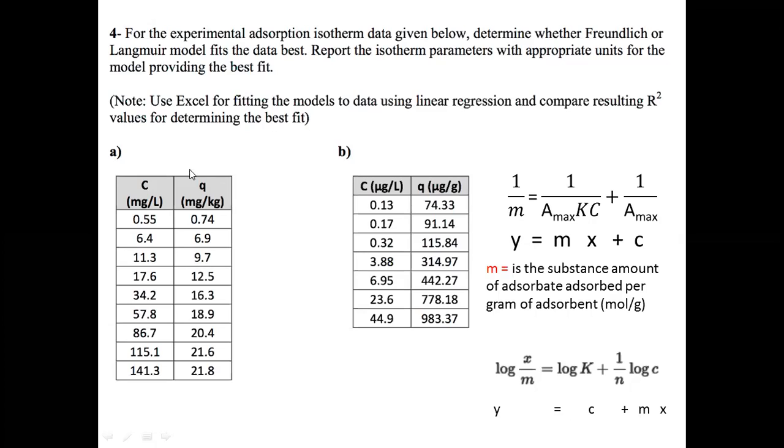So again, this is x over m in the case of the Freundlich adsorption isotherm, and in the case of the Langmuir, it is the M, and this will remain the same, and this is also C for both of the adsorption isotherms. So this is all about your exercise.